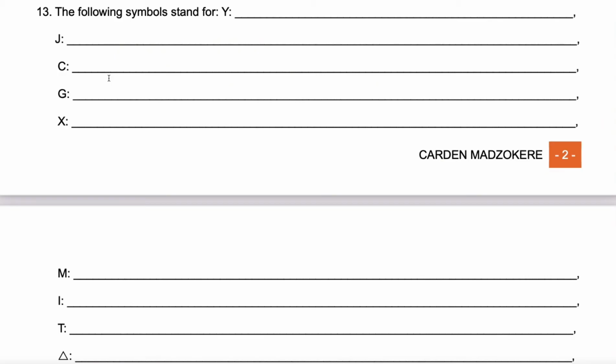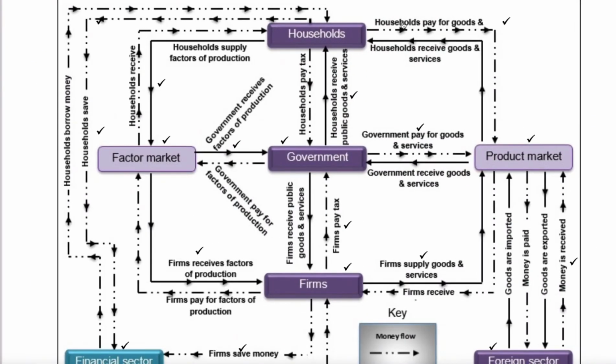Right now I'm consuming my computer, and me consuming it, that's not C. This C here will be, let me show you. Right, you see, when households pay for goods and services, when we spend money, this is the C we are referring to. So when we pay money, we are buying. So I'm buying the computer, right? Then I get the computer.